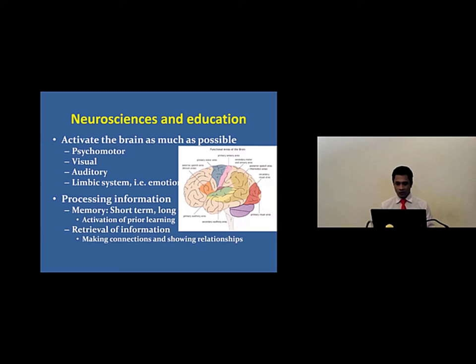Going back to neuroscience, if you can activate your visual cortex, the auditory, or even the emotional or limbic system, then it will be much easier. Our brain's information processing and retrieval would be much faster, because when you combine all these modalities, making connections between information becomes much easier.